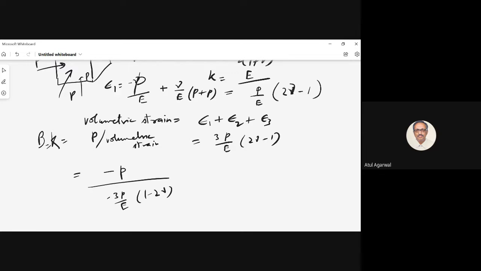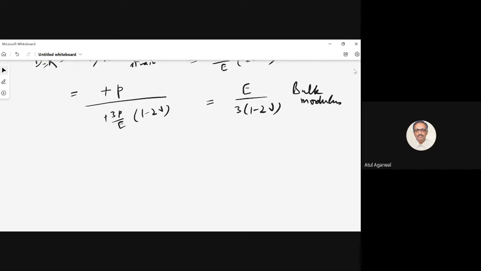This will also cause a contraction in the volume, so I put a minus sign. So this becomes your K value. So this is equal to E upon. So this is the bulk modulus of the material. This is what resists the change in volume. And similarly, you can get shear modulus.